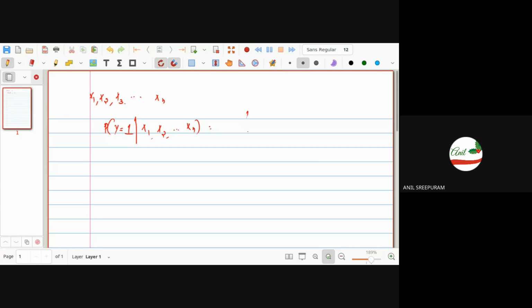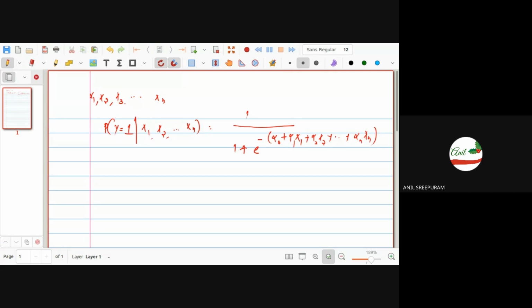We mentioned that it is actually 1 by 1 plus e power minus alpha 0 plus alpha 1 x1 plus alpha 2 x2 plus etc., alpha n xn.